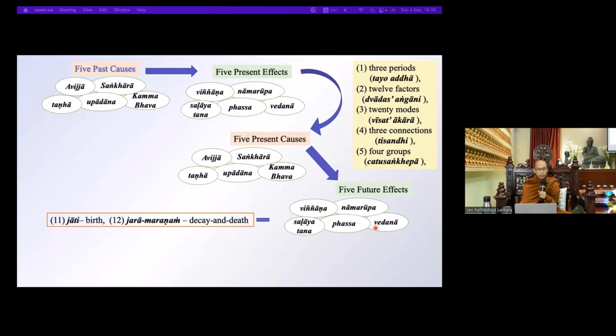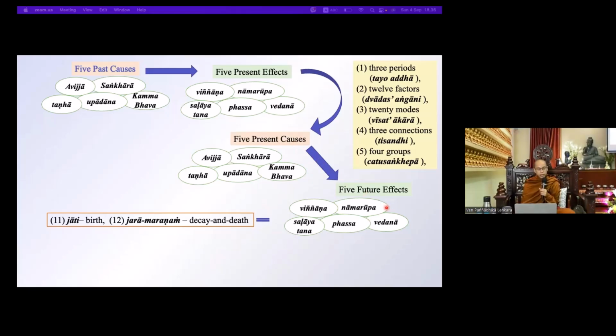So if we stand in the place of the future and look back, this group becomes the past cause. So in this way, standing on the present effect, the present cause arises in life, then due to the power of the present cause, the future effect cannot be avoided.